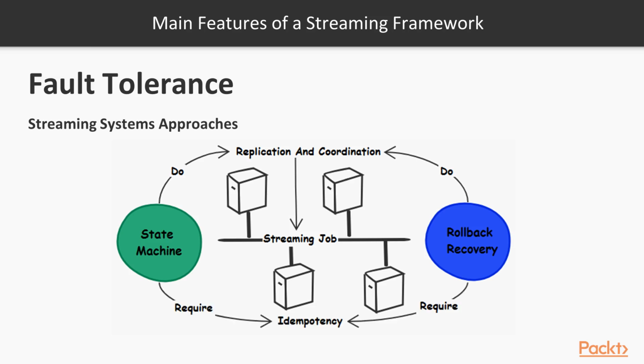Both approaches assume that we have designed our streaming algorithm in an idempotent way, meaning that it always produces the same result. More precisely, for a streaming job to be idempotent, it means that two non-faulty workers that receive the same input in the same order will produce the same output in the same order.